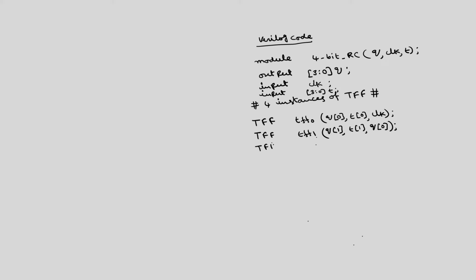Similarly, the third flip flop TFF2: output is Q2, input is T2, and the clock is Q1. Then TFF3: output is Q3, input is T3, clock is Q2.